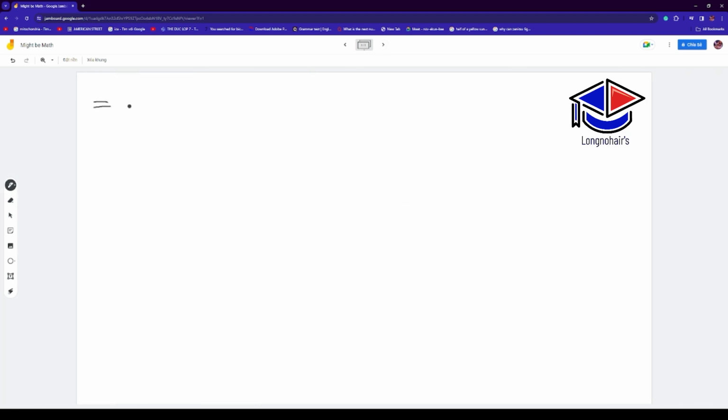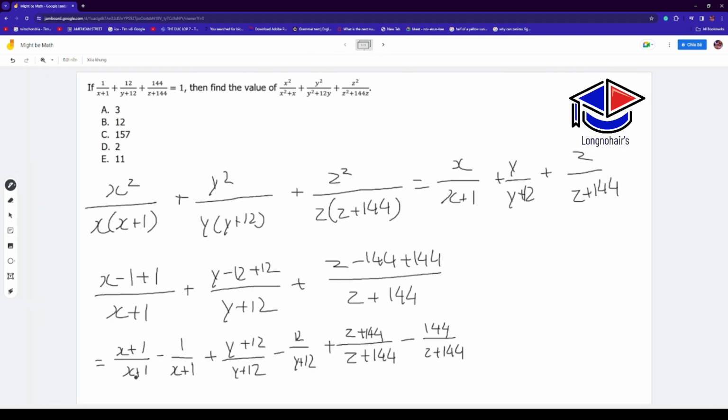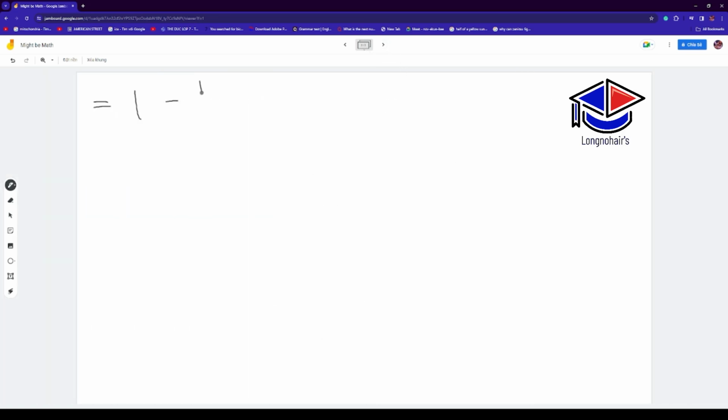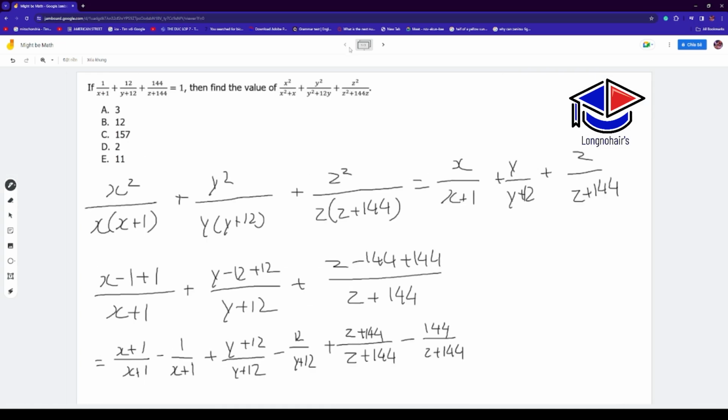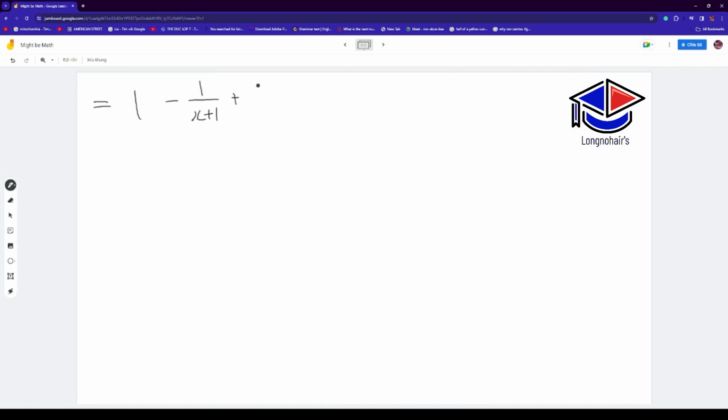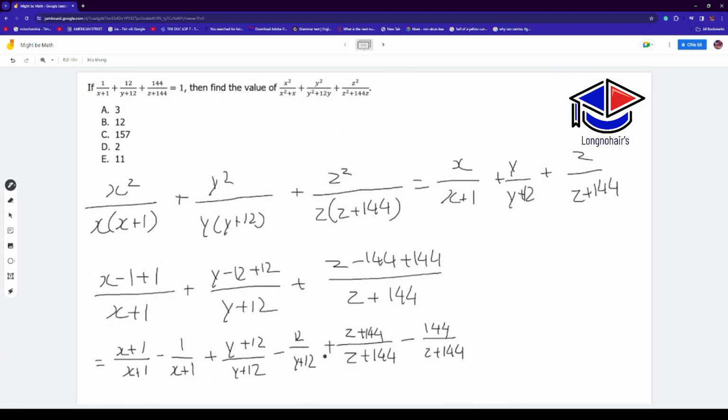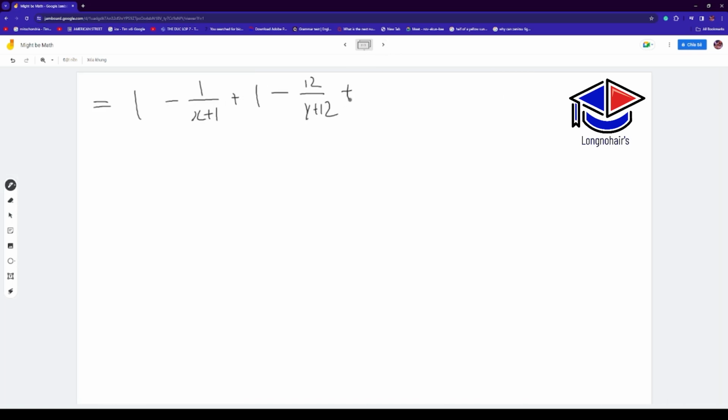You should get 1 from x plus 1 over x plus 1, minus 1 over x plus 1, plus 1 minus 12 over y plus 12, and plus 1 again, minus 144 over z plus 144.